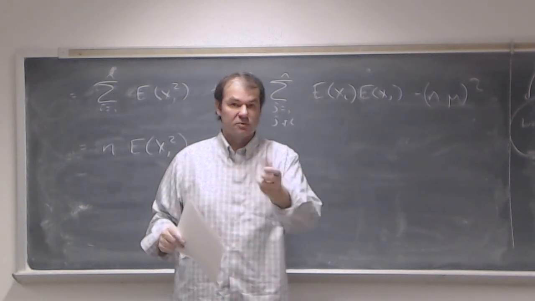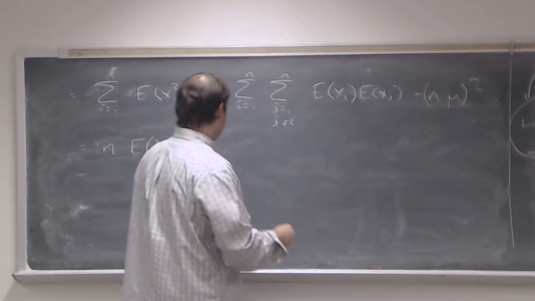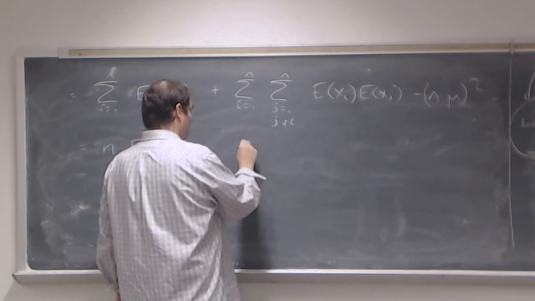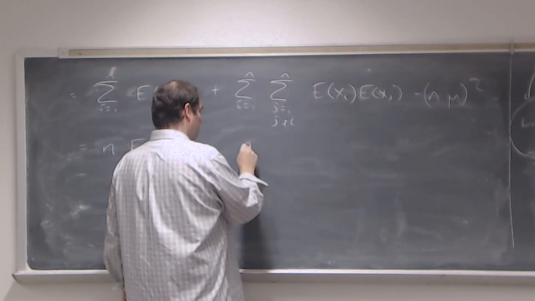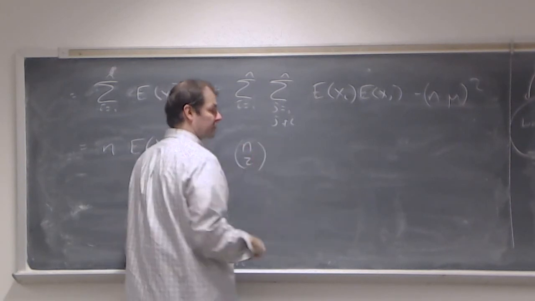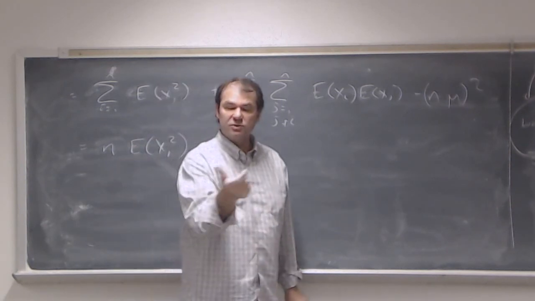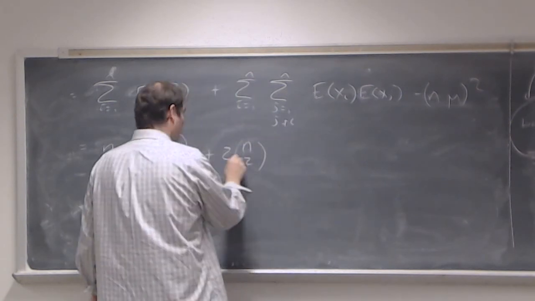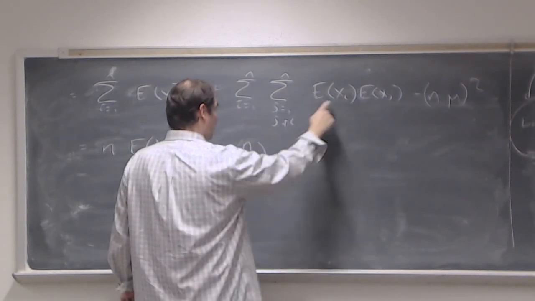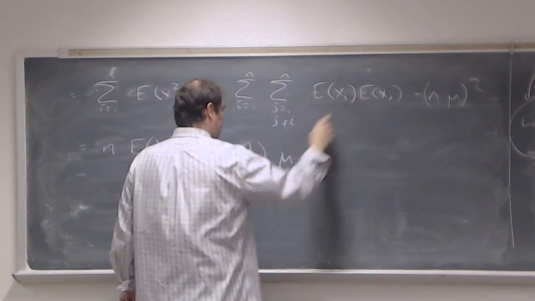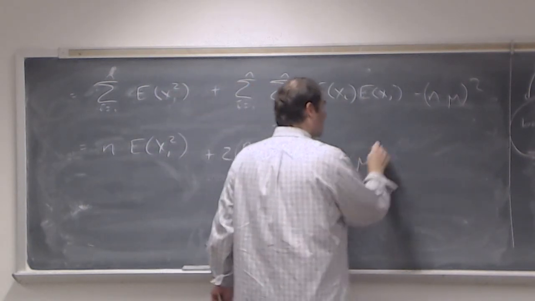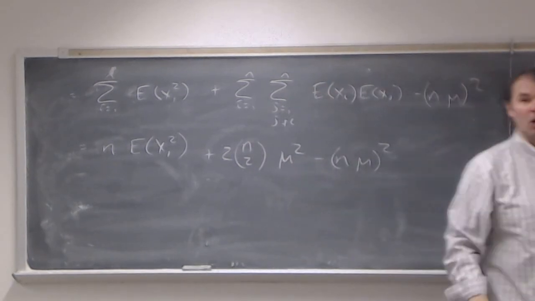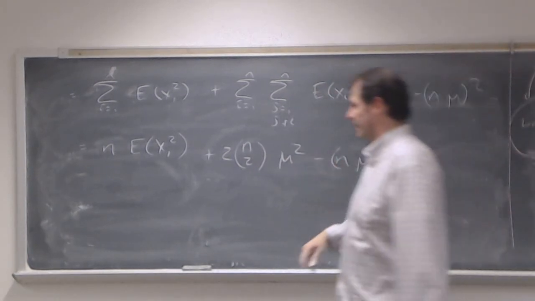And so you could switch them, so for each random variable, we had n, we're choosing 2 of them to be involved, okay? And then you could switch the order, so there's 2 of them, and these are all the same, so it's mu times mu, so it's mu squared, minus n mu. This is a lot like the argument we had in the strong law of large numbers group. That's what we have.